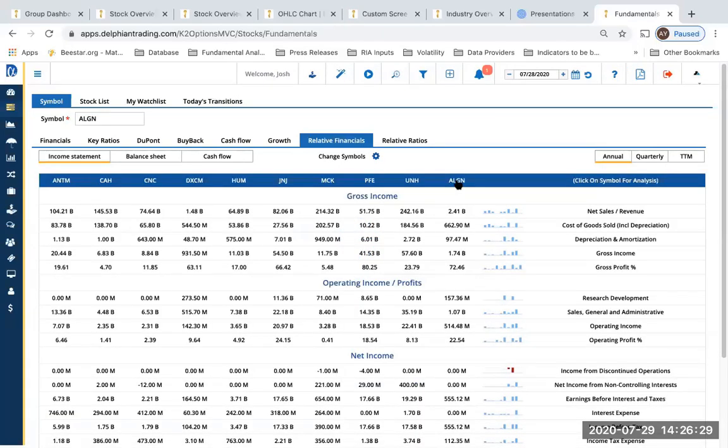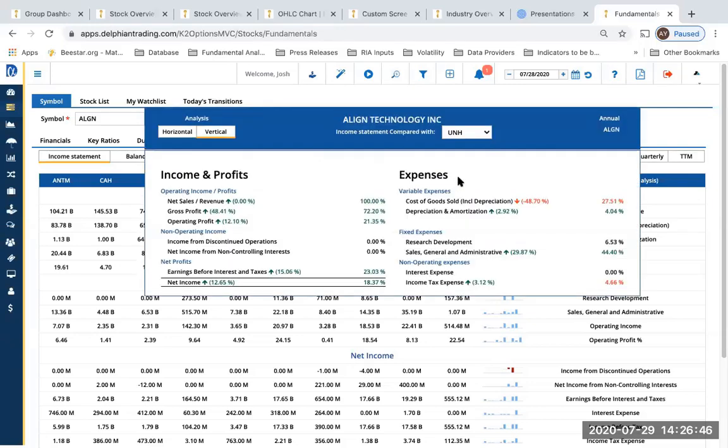So here I have ALGN, and here we have DXCM as well. In terms of revenue, it's a slightly bigger company, and this one's variable cost is a little lower in relation to the other one. If I compare this one with DXCM, here you can see the horizontal.